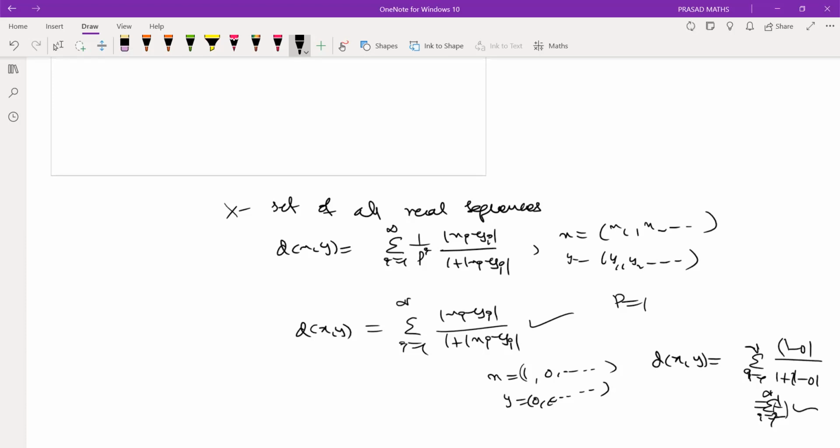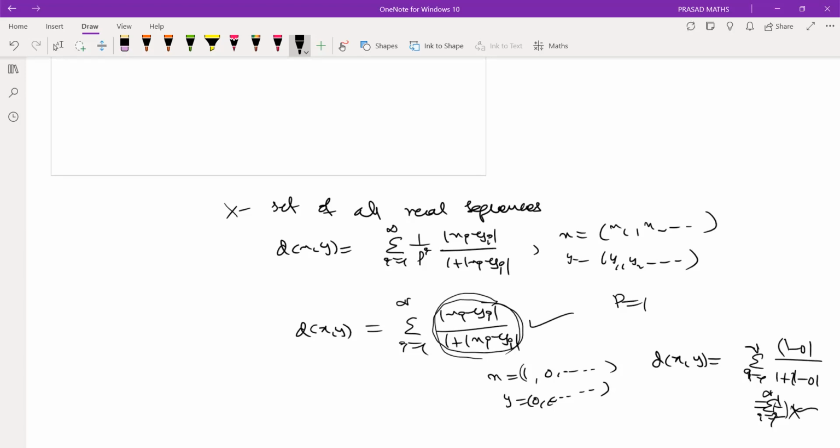It is a constant term, and a constant term never converges to 0. xi is a constant, yi is a constant, 1 plus mod of xi minus yi is a constant. Therefore, this function is not a metric for p equals to 1.